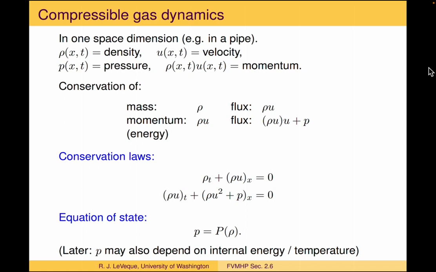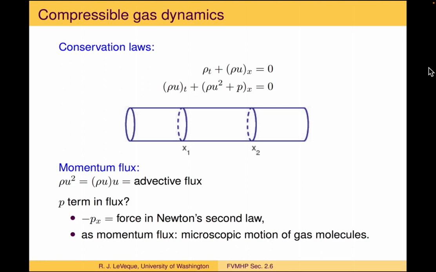It can be derived in much the same way as we did for the advection equation, and the rho u and rho u squared terms in the fluxes are exactly advective terms. But it's a little mysterious why the pressure comes into the momentum flux. What does that represent?